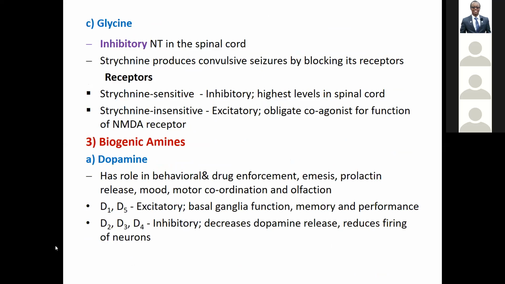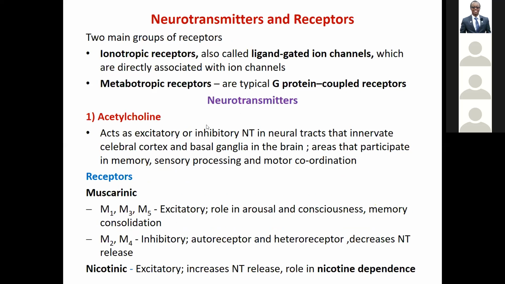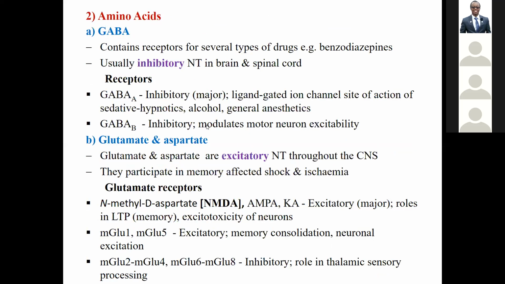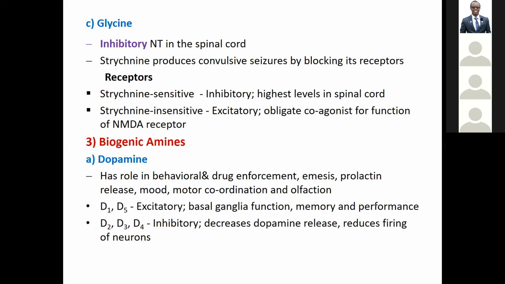The second one is GABA, which is mainly inhibitory. Again, we've looked at the action of benzodiazepines, etc. Glutamate and aspartate, NMDA is a very important neurotransmitter in all CNS functions, like we discussed last time, including epilepsy.